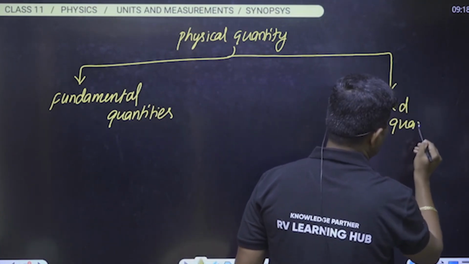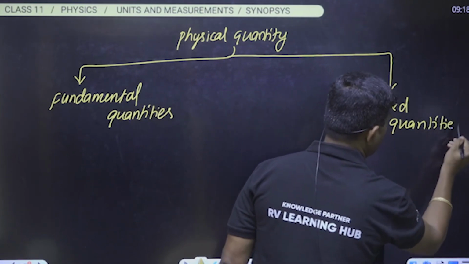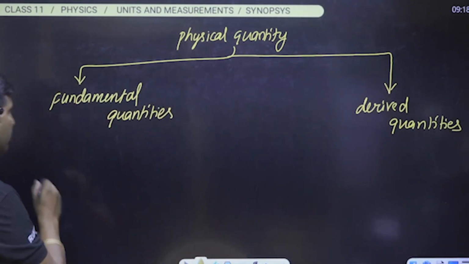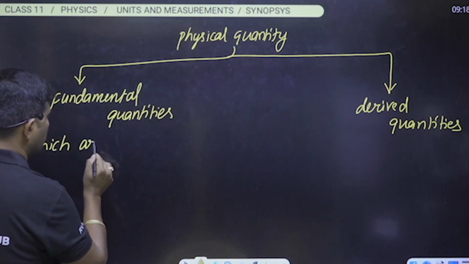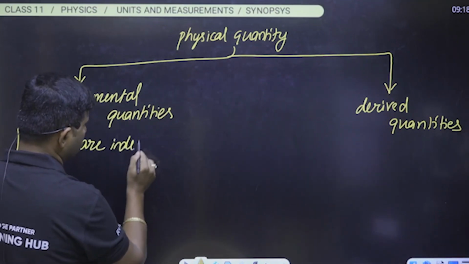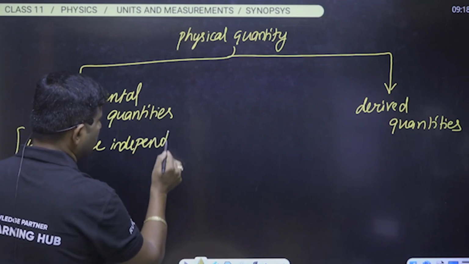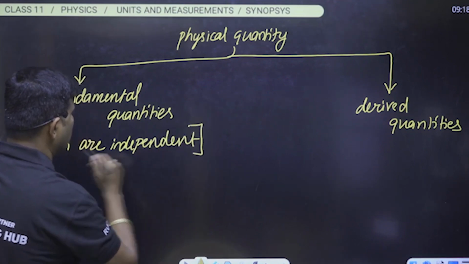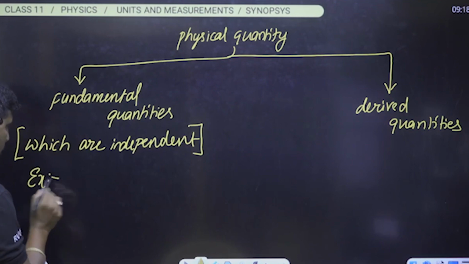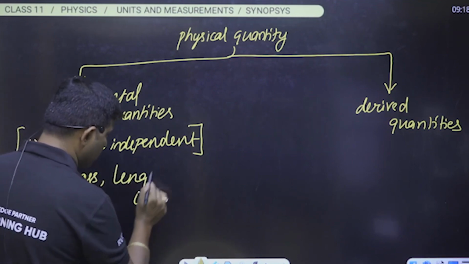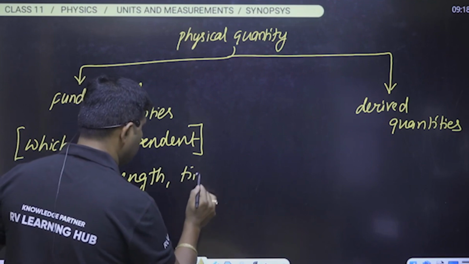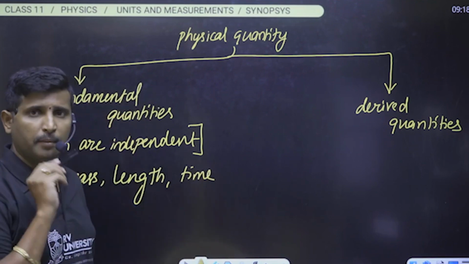Fundamental quantities are those which are independent. For example, mass, length, time and so on are called fundamental quantities.